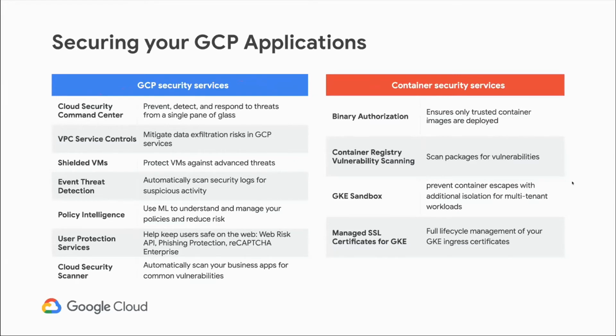One of the main core responsibilities within that strategy is to ensure that all the containers and the container platforms are secure from the ground up. That's why we offer things like Binary Authorization to ensure that your images are trusted when you deploy them. And of course, we are able to scan for vulnerabilities and create a secure sandbox for your container workloads.